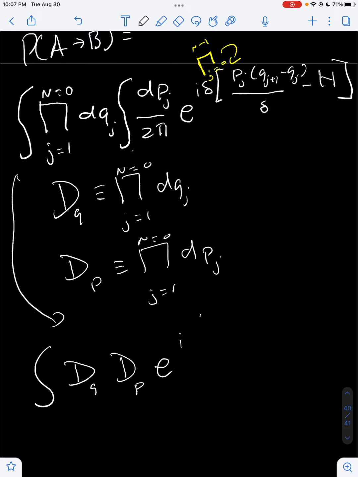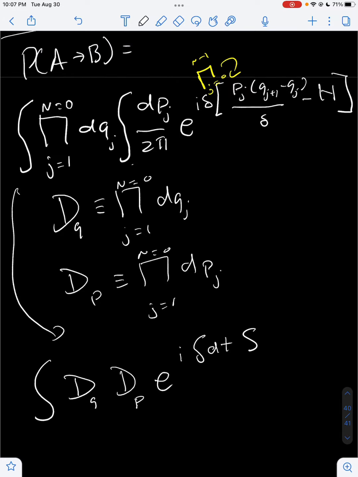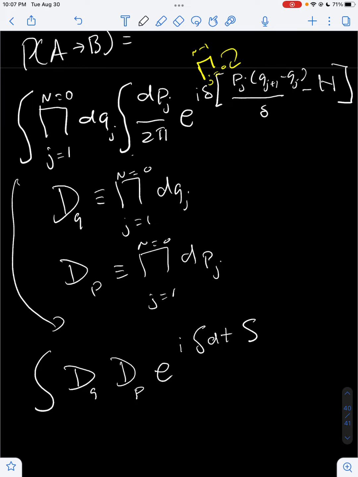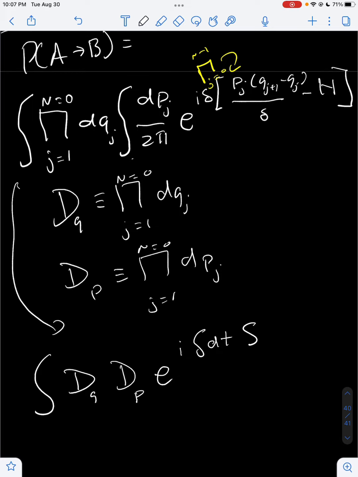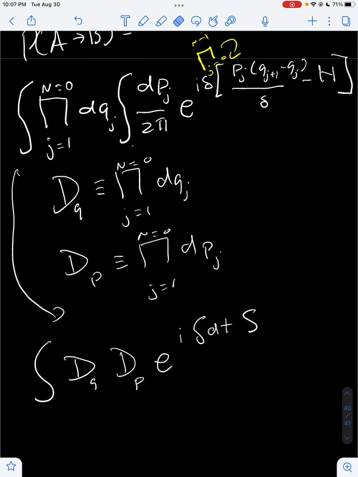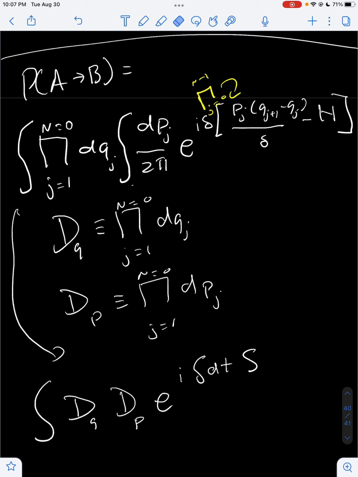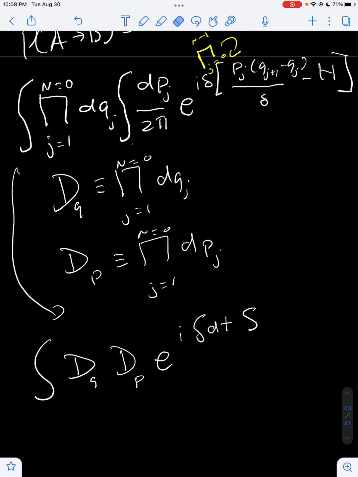We say S equals the time integral of the action. But we have to do some more steps to derive that last step. But if you'll see the path integral being written in terms of these weird curly D's, that is what they mean.